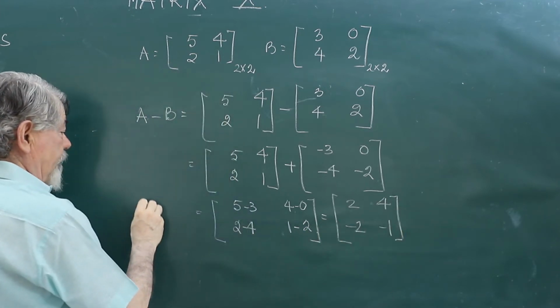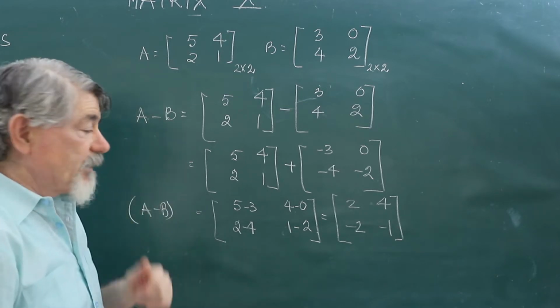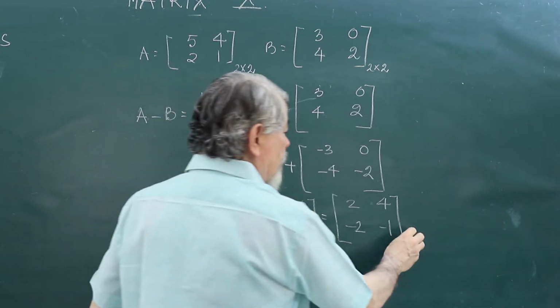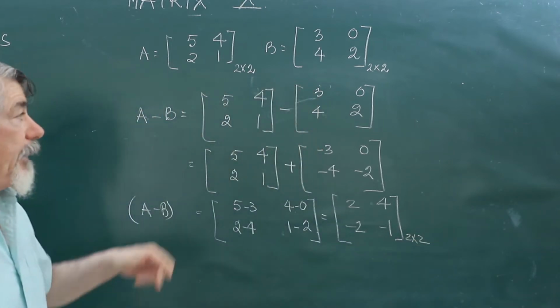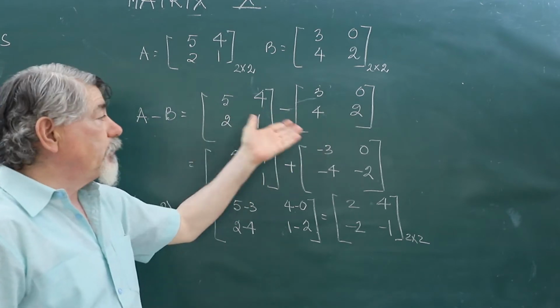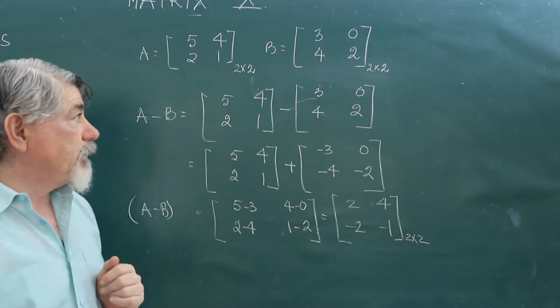So we get A minus B as 2 4 minus 2 minus 1, and it is of the same order as the two original matrices. A and B were of the order 2 into 2, so A minus B is also of the order 2 into 2.